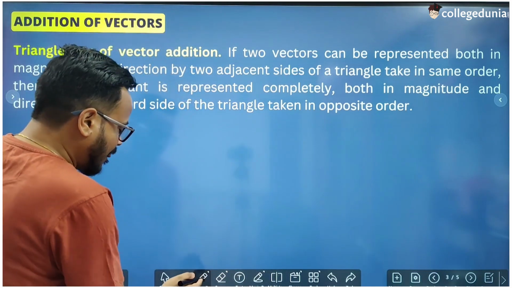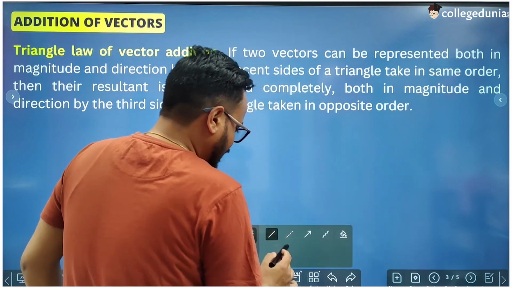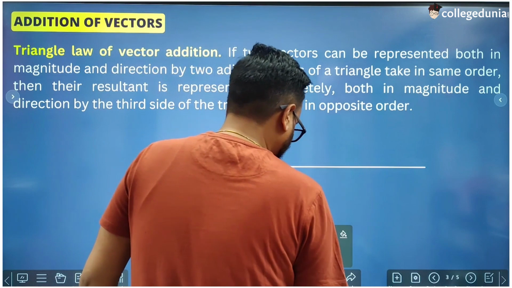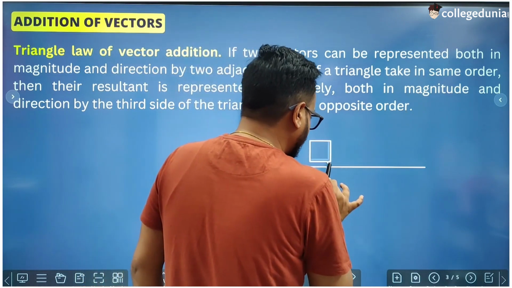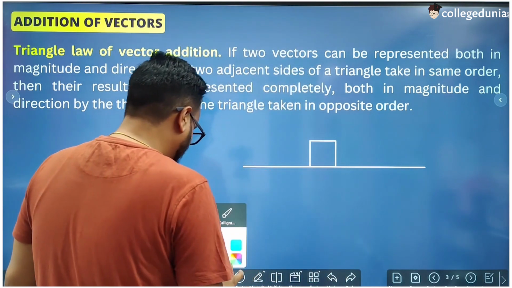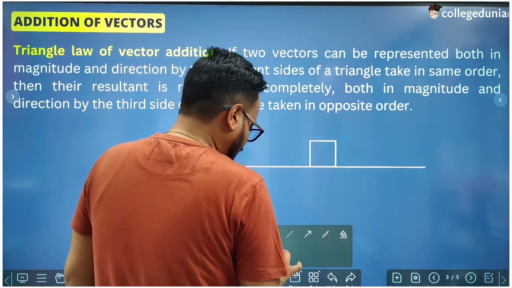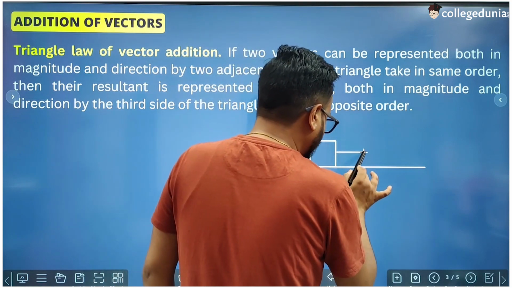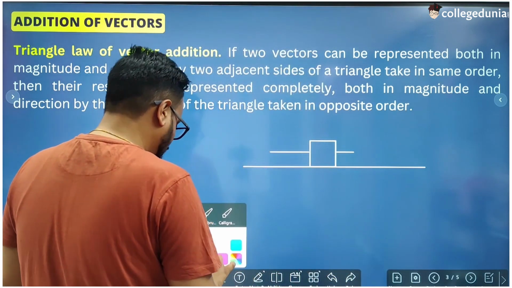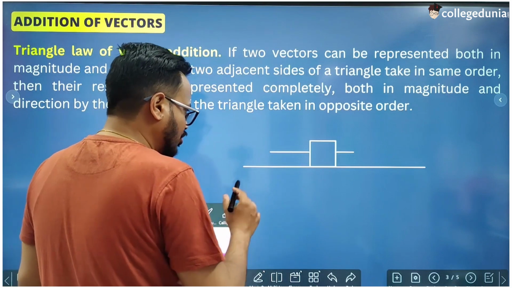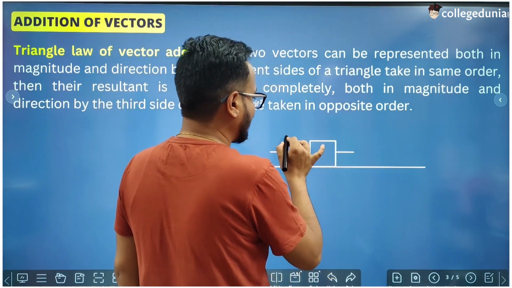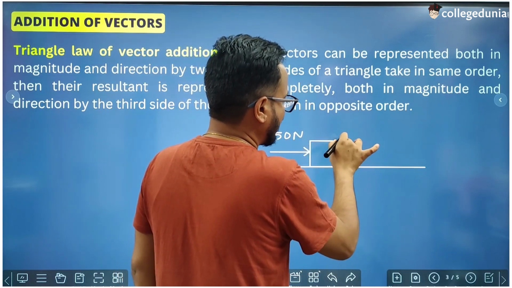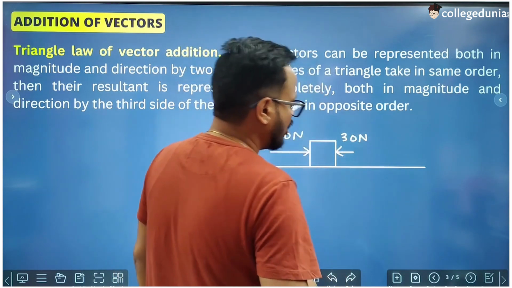For example, let us take a very simple situation. Let us say we have two vectors in this situation, and one vector is a force vector which is acting in this direction, and the second one is also a force which is acting in this direction, that is opposite to the first one. This vector has a magnitude of 50 Newton and this vector has a magnitude of 30 Newton.